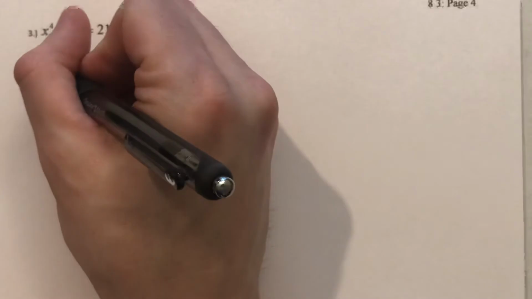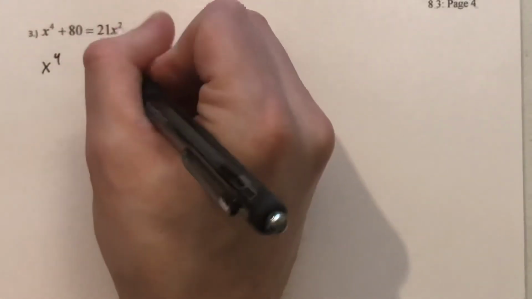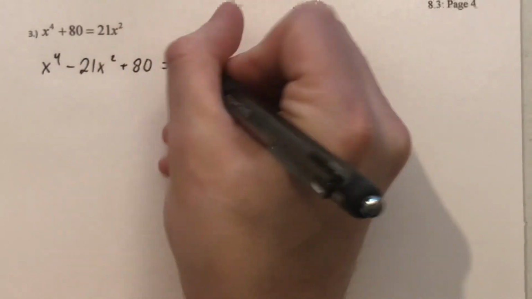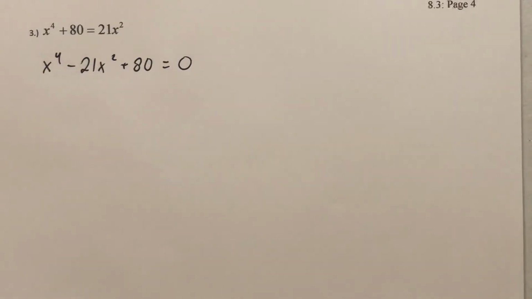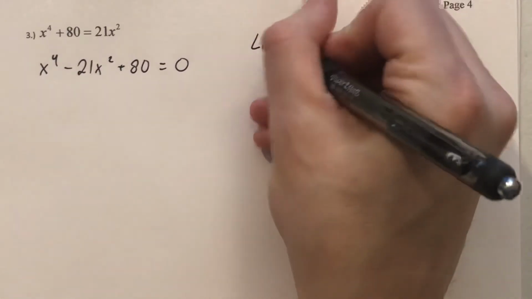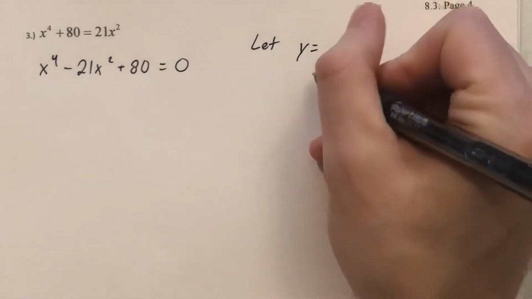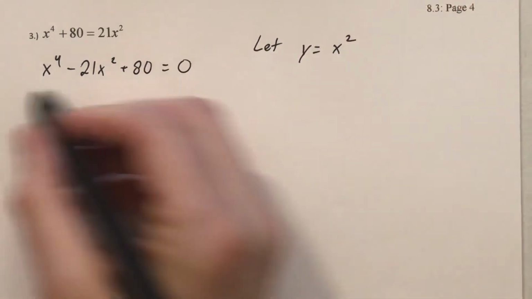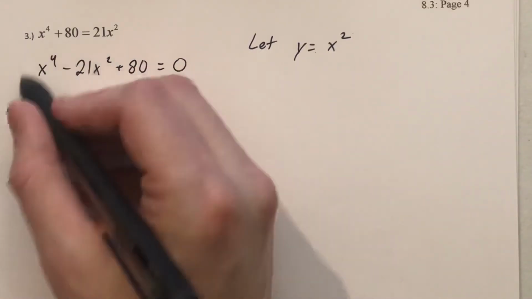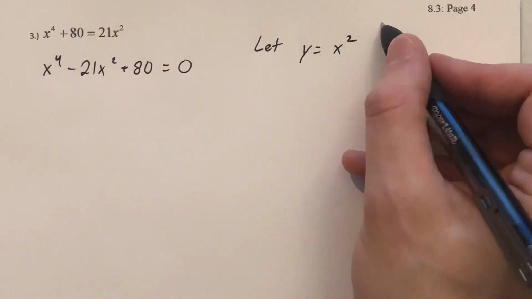And lastly here, what we've got is an equation that doesn't quite look like a quadratic equation, but we've talked about how it can resemble one. If I bring that x squared term on over, x to the fourth minus 21x squared plus 80 equals 0, we had the thing called substitution, where we can take this x to the fourth and x squared, and if we pick any other variable like, say, y, and we notice for this specific pattern, if we let y equal x squared, then this x to the fourth is like x squared squared.